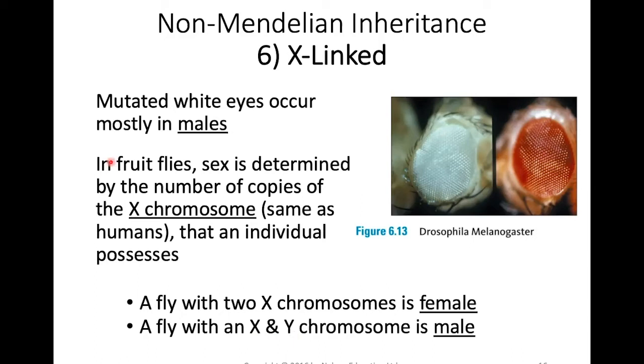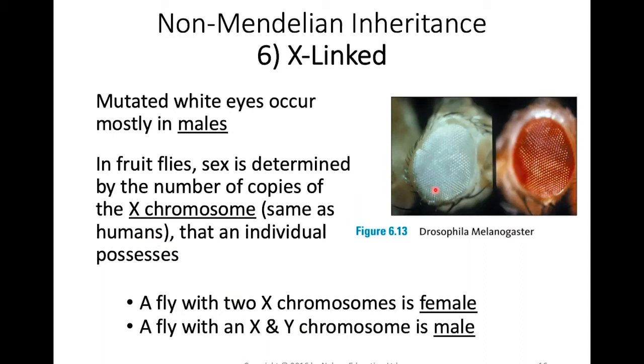Now, it mentions here that in fruit flies, sex is determined by the number of copies of the X chromosome. That is not exclusive to fruit flies, right? It's the same in humans. The sex chromosomes are homologous chromosomal pair 23. So two X chromosomes is female, and an X and a Y chromosome is male.